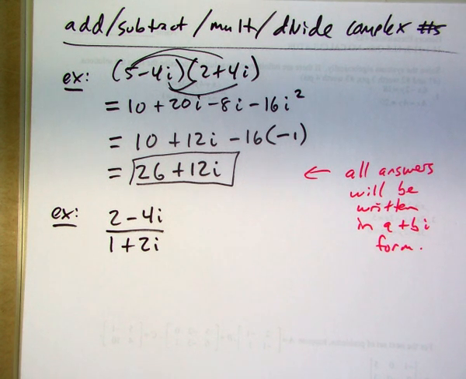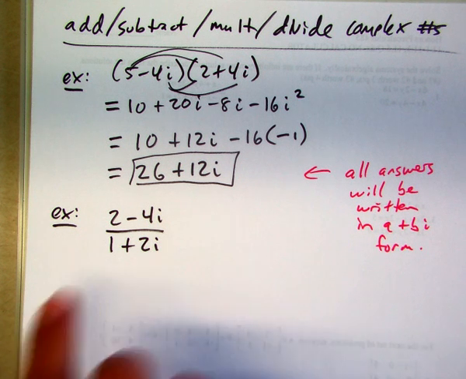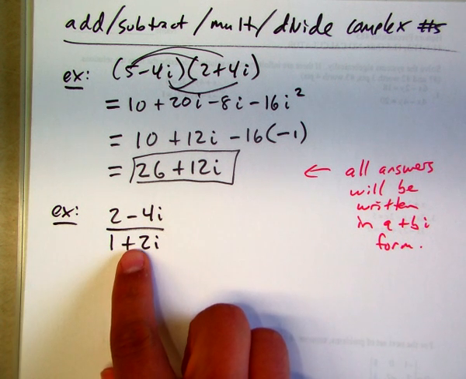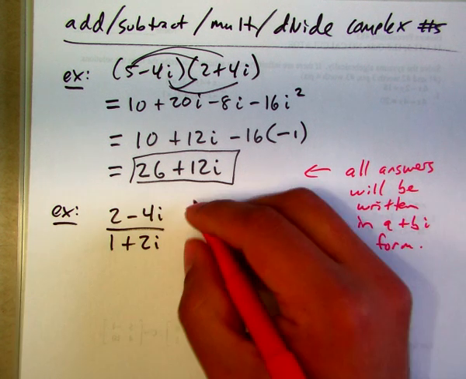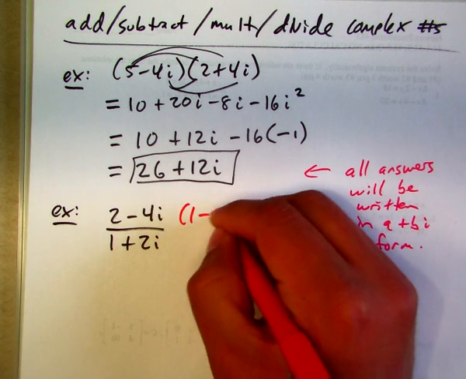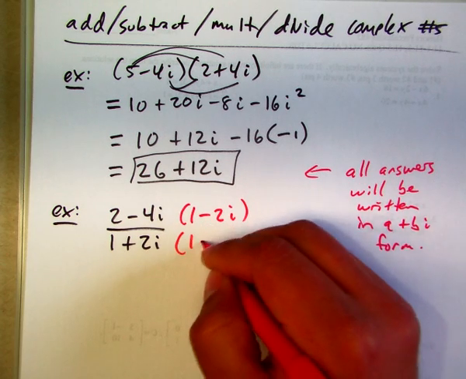Okay. So here we have a complex number divided by a complex number. Does anybody remember what the technique was here? Yes. Conjugate. Yes, very good. Multiply top and bottom by the conjugate of the denominator.